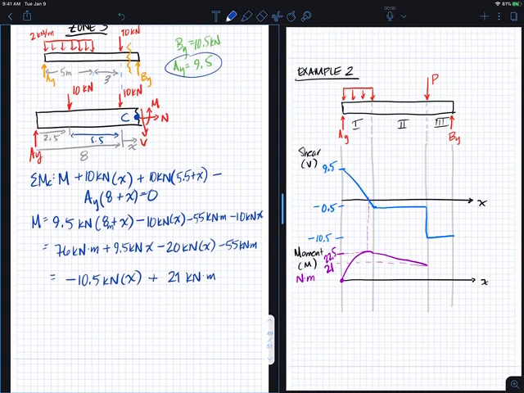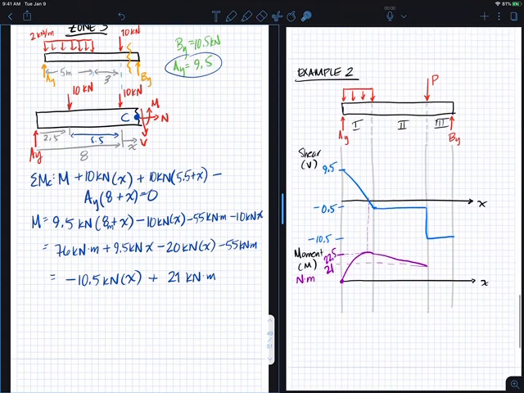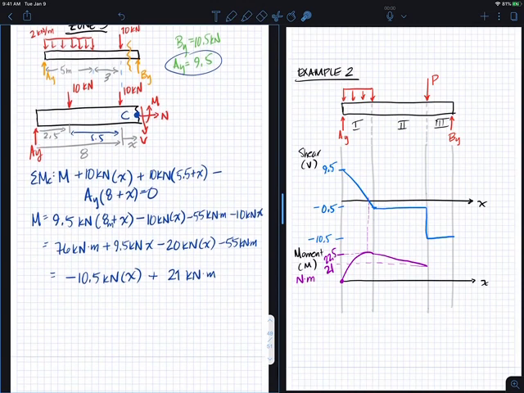And so now when we say x equals 0, what we really mean is that x is right here, right after that 10 kilonewtons. In other words, 8 meters from the left. So when x equals 0, then we're still at 21. And if we go all the way over to the right-hand side and let x equal 2, then we're going to get 0. So M at x equals 0, again, look at how we've defined x, it's right after 8, essentially.